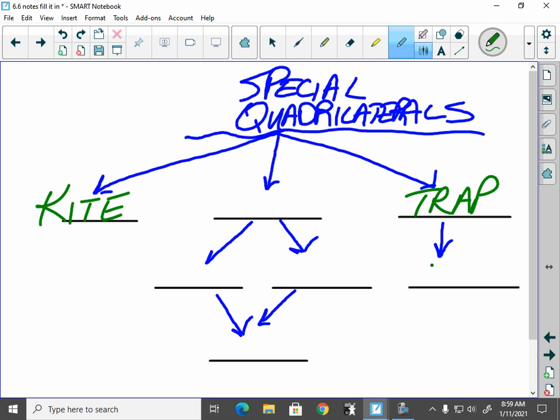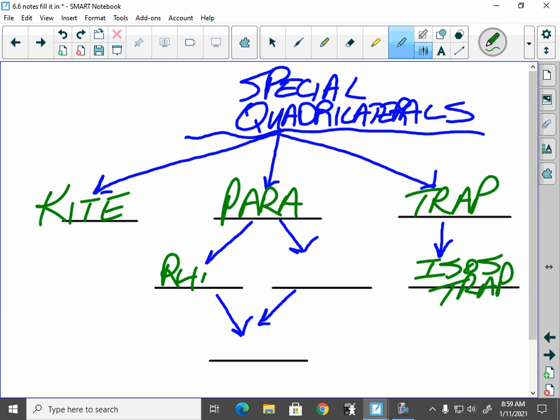Yeah, there's an isosceles trapezoid also. So those dudes are kind of alike. And then there's something called a parallelogram. And then if you put a rhombus and a rectangle together, we already had this question on a quiz, it's a square.